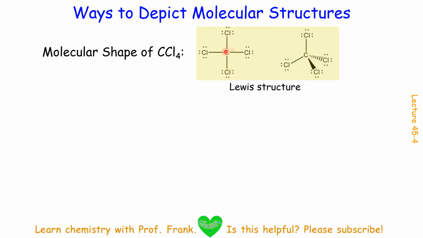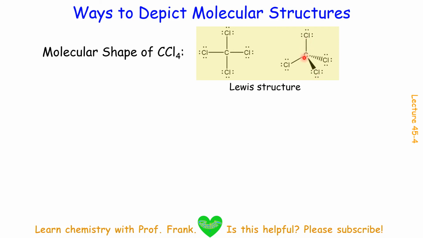With the first one you may mistake the molecular geometry for carbon tetrachloride as square planar, as it shows here, but that's incorrect. It is actually tetrahedral. So therefore, this three-dimensional Lewis structure is a better depiction.